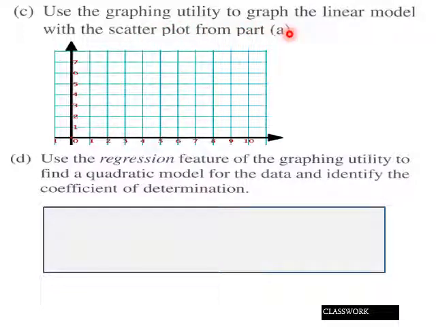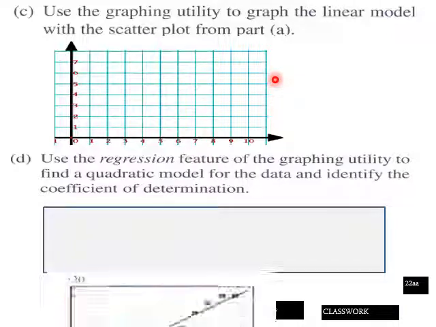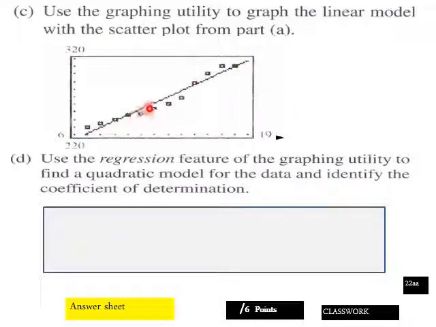Using the graphing calculator, we graph the linear model with the scatter plot to see how well it matches the original scatter plot. It looks like it's kind of a fair match.